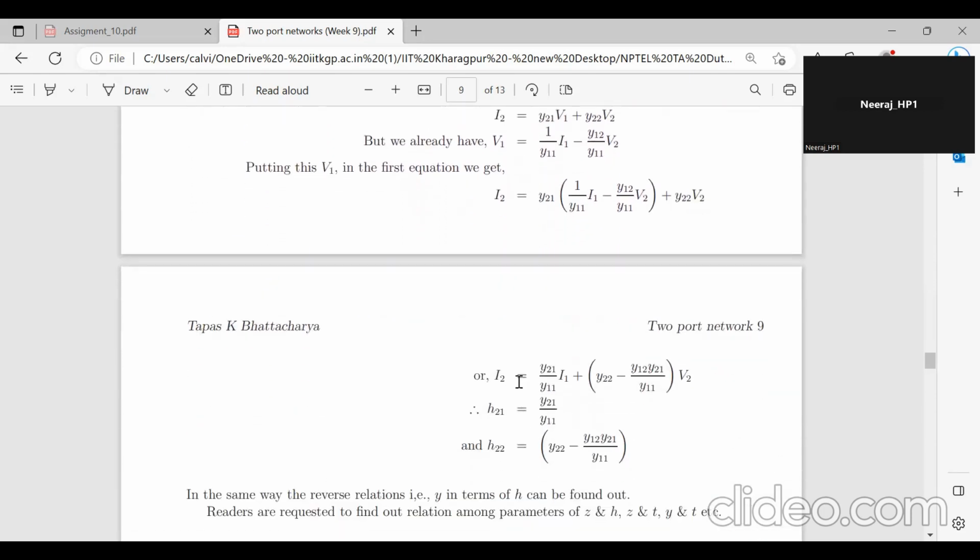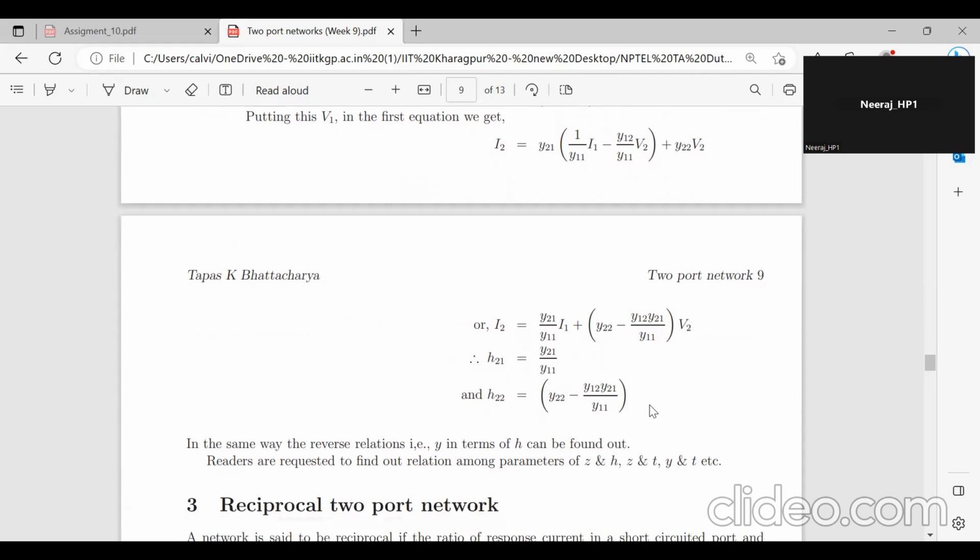Then they get I2 in terms of I1 and V2, and they can compare it: H21 will be equal to Y21 upon Y11, and H22 will be equal to Y22 minus Y12 Y21 divided by Y11. Thus they have found the relation between the H parameters and the Y parameters. So any doubts in this?